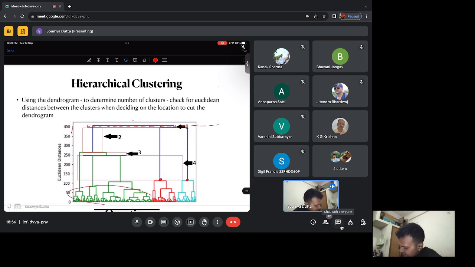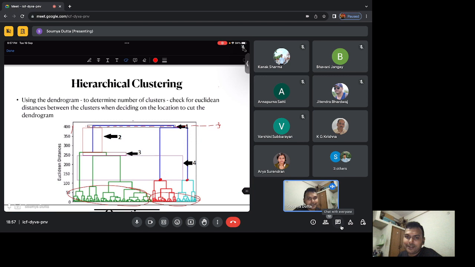All of these points are becoming one cluster and all of these points are becoming one cluster. However, the distance between them is just this much. Is it clear? It's a very small distance, which means that the two clusters are basically not that different. They are more or less similar.